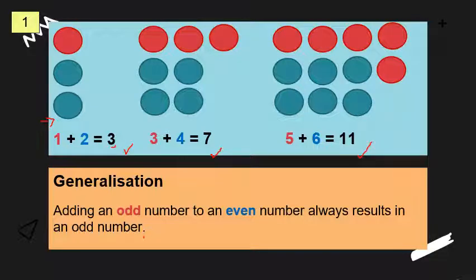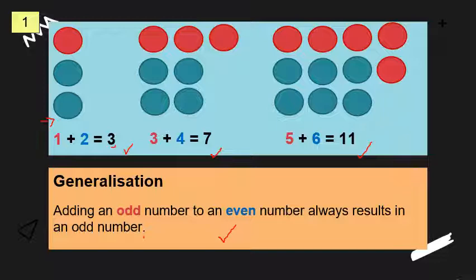Yep. So this is a nice, explicit, unambiguous statement. Nobody can really misinterpret this generalization. Adding an odd number to an even number always results in an odd number. So I'm going to say that generalization is true.